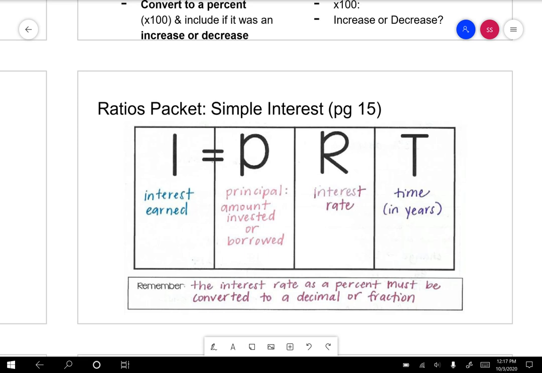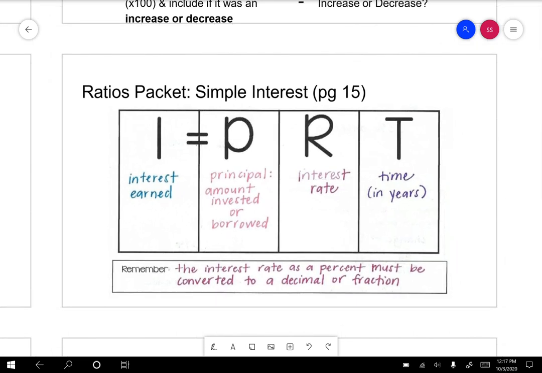All right, so simple interest. Simple interest is basically the amount invested or borrowed. So the principal amount is what it's called, the initial amount invested or borrowed.